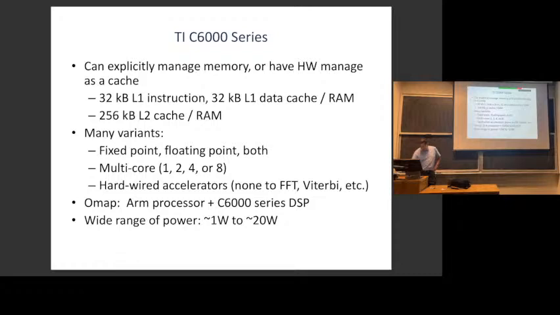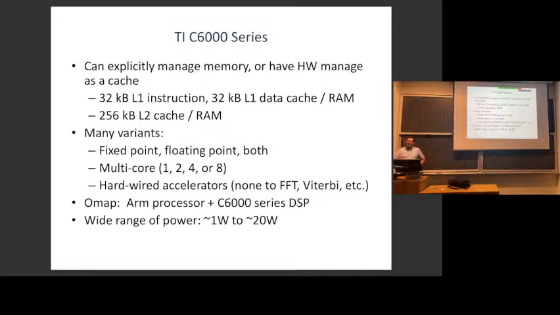You can have it used as a cache where the hardware automatically decides what to put in it, just as you touch main memory, or the programmer can explicitly manage these. You can use them as scratchpad RAMs where you decide what goes in and when it comes out. That's useful for signal processing because, in signal processing, sometimes the programmer knows a lot. Like they know exactly the loop structure.